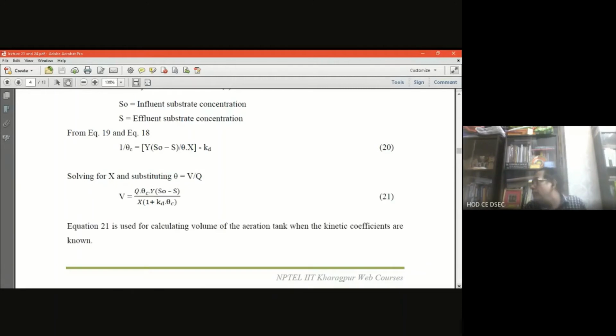That means you have to design the tank, and the volume can be determined once the kinetic coefficients are determined. Putting in these values, you can find the volume of the aeration tank, which is the required output of your design. What will be the design of the tank? That means what will be the volume of the secondary reactor.